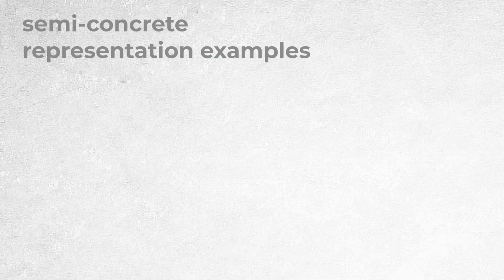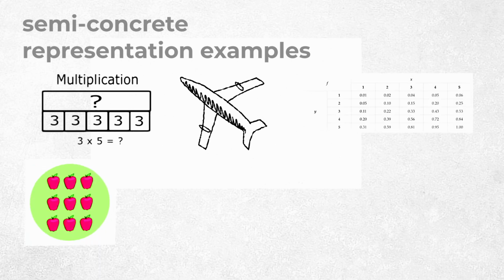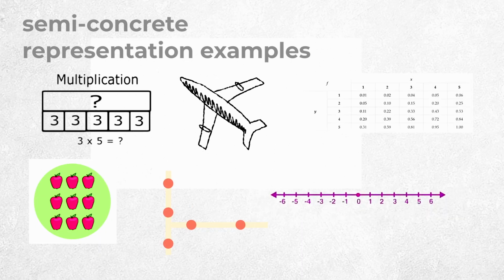On the other hand, semi-concrete representations are two-dimensional visual depictions including strip diagrams, simple drawings, tables, arrays, graphs, and number lines. These visual aids can be used in conjunction with concrete representations to transition to more abstract representations.